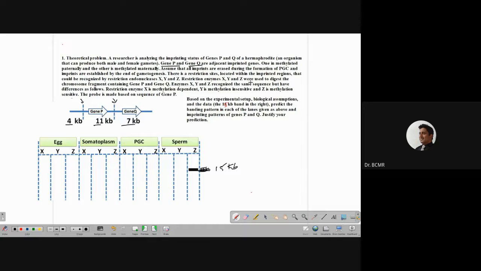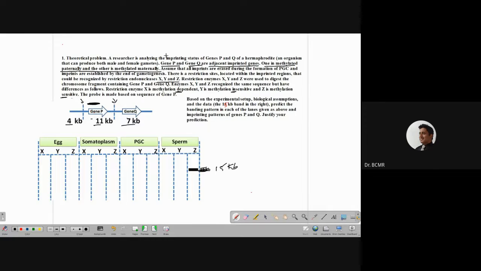And there are three restriction endonucleases, X, Y, and Z. X is methylation dependent, Y is methylation insensitive, and Z is methylation sensitive. And the probe is binding to gene P. So gene P and gene Q are imprinted genes. So one is methylated paternally and the other is methylated maternally.